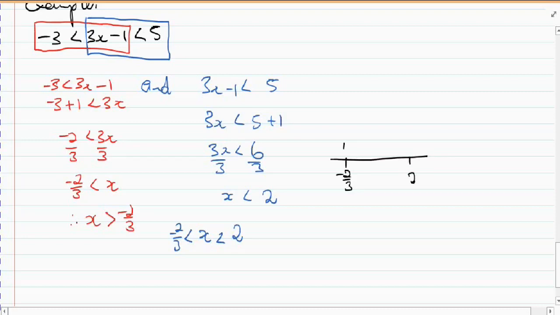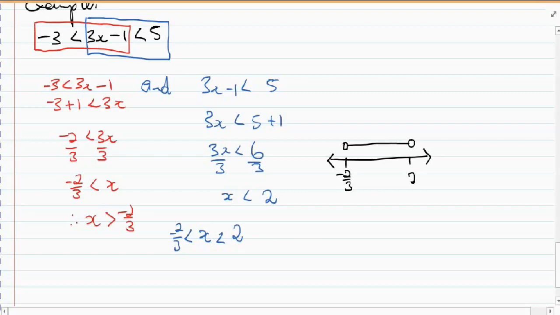Since there is no inclusivity, we put open circles, and x is between these two numbers. It's bigger than -2 over 3, but less than 2. This is our representation of the compound inequality on a number line with its solution.